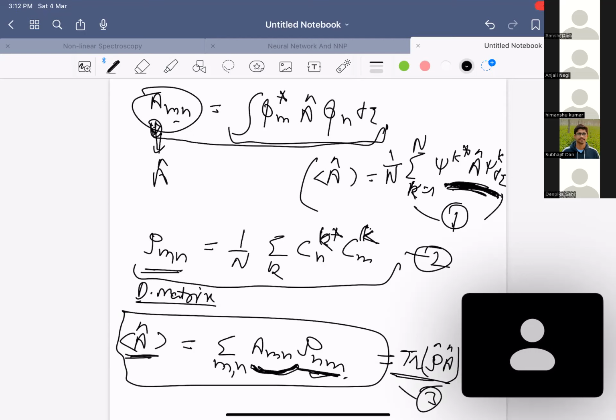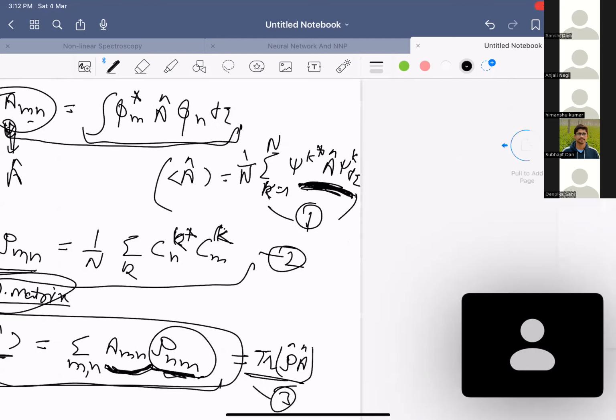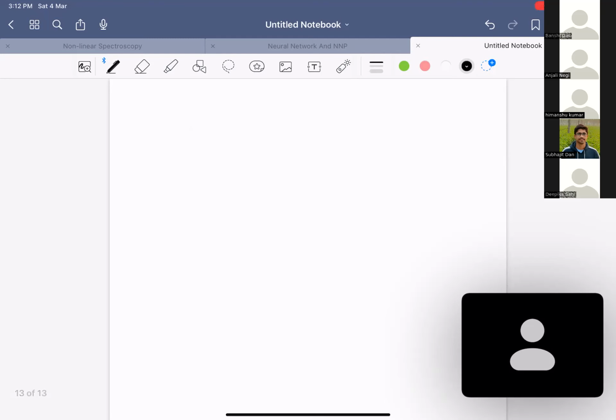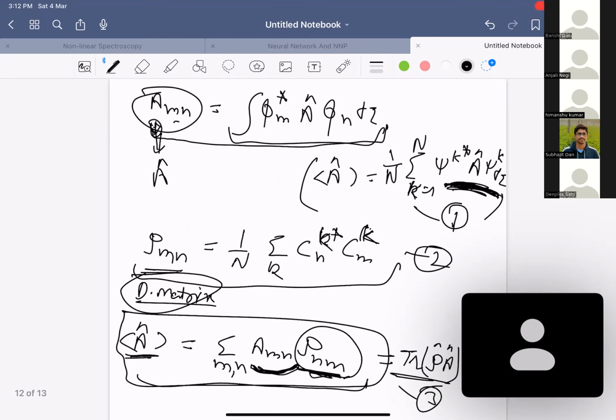But rho nm comes from statistical averaging, because these are the matrix elements of the density matrix, and it is coming due to lack of our knowledge about the system. So there are two averages sitting in the expectation value of A.